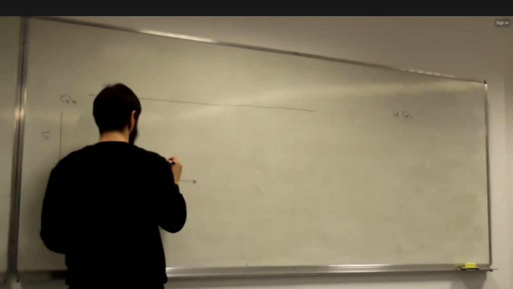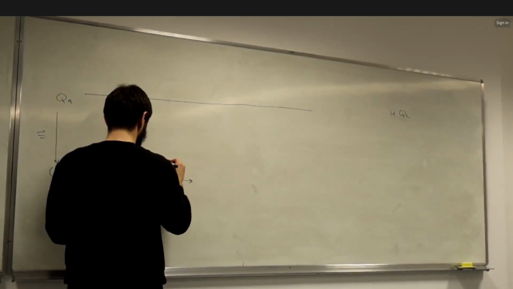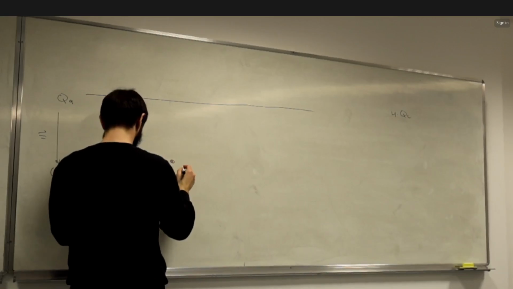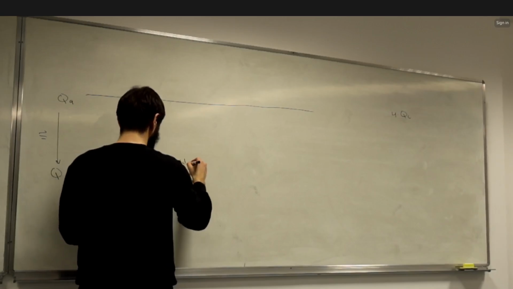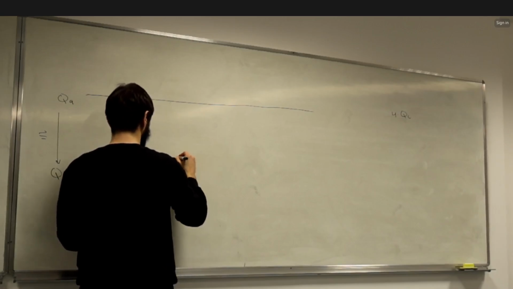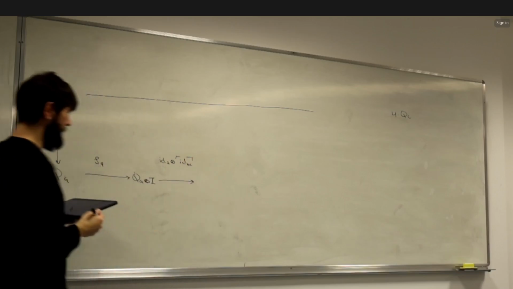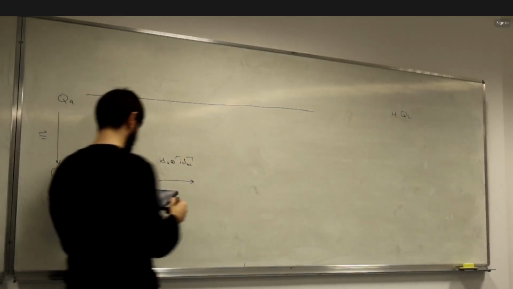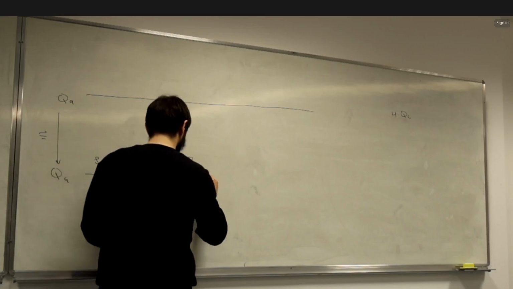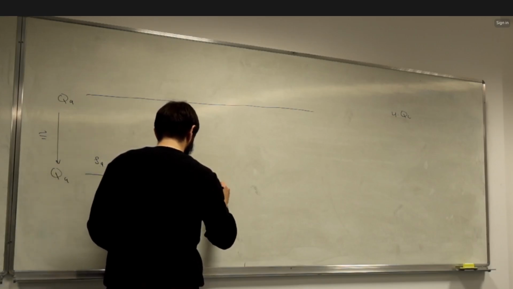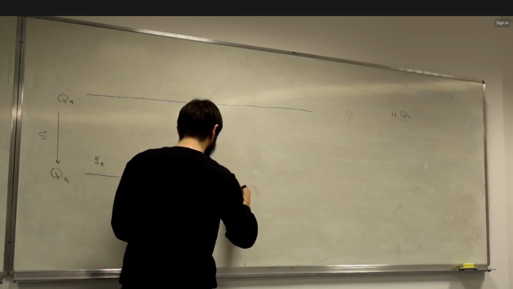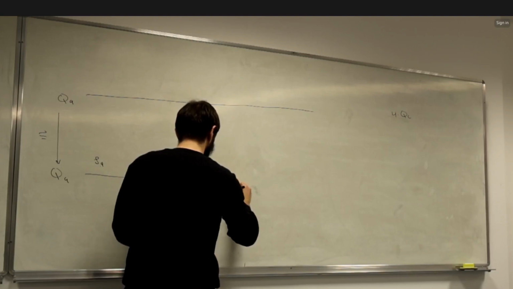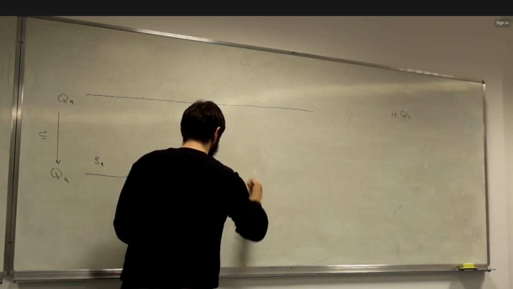So we apply here IDA tensored with IDBC, the name of this. And this one will give us QA tensored with QB dual tensor QC.